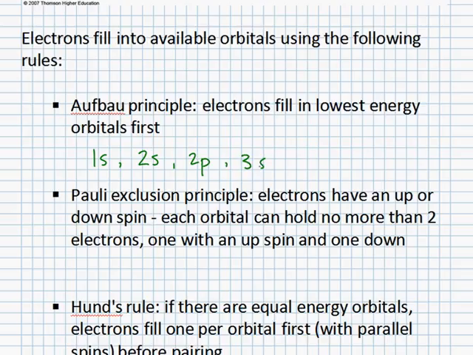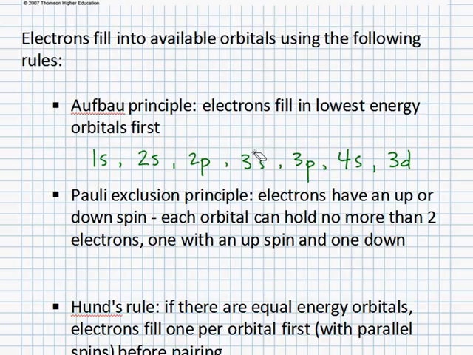3s is next, 3p is next, 4s, and then 3d. And this is always a huge point of confusion for a lot of students. And the way that I can best describe that is that the 3rd shell gets divided into these subshells.